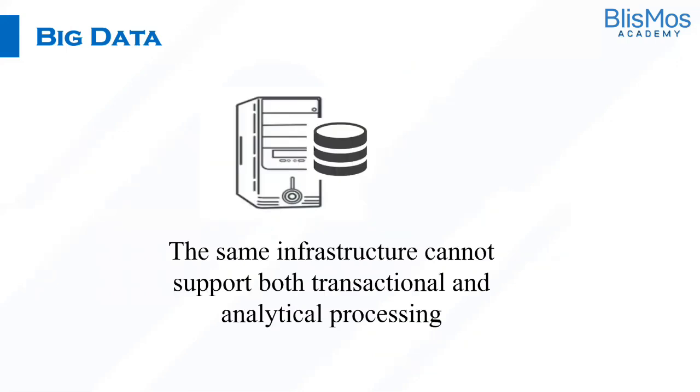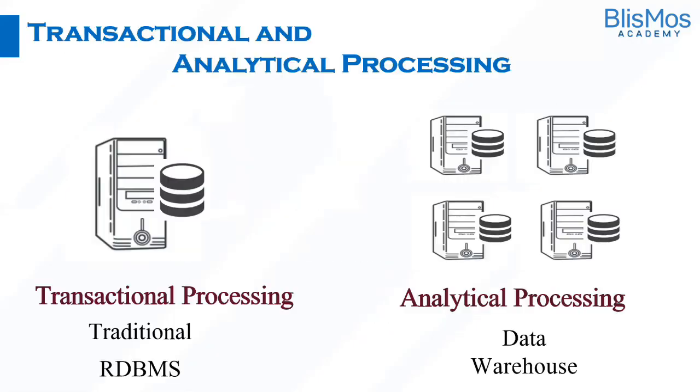The same infrastructure definitely cannot support both transactional and analytical processing in case of big data. So for a transactional processing, we would have a traditional RDBMS. For analytical processing, we have system called data warehouses.